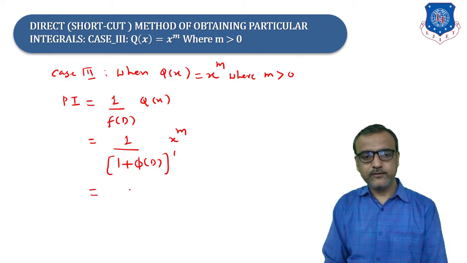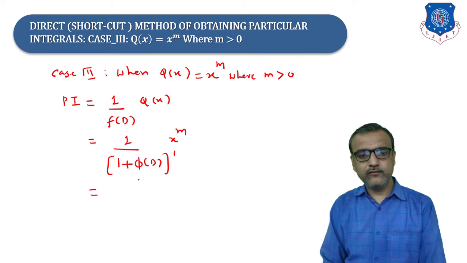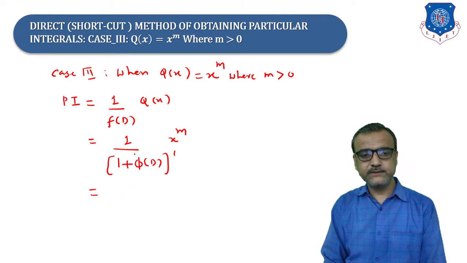Then we will write 1 upon x as x raised to minus 1. So by applying the same concept, we will write 1 over 1 plus phi D the whole raised to 1 as 1 plus phi of D the whole raised to minus 1, x raised to m.